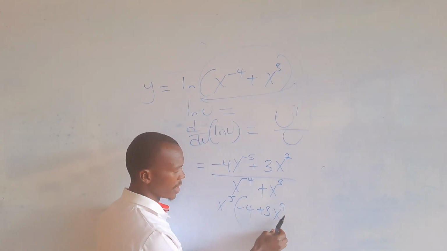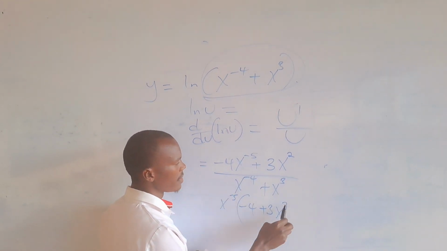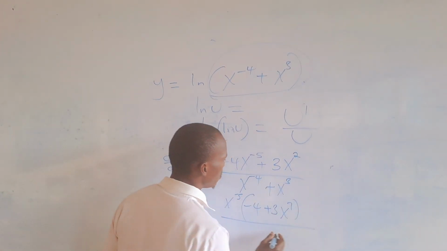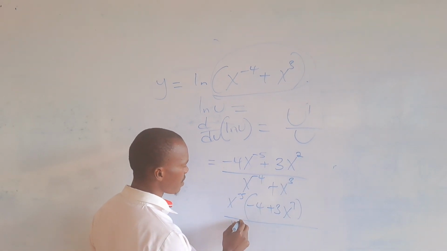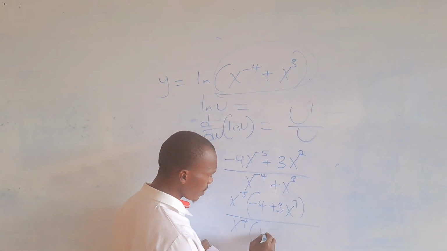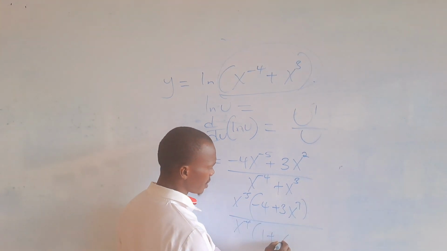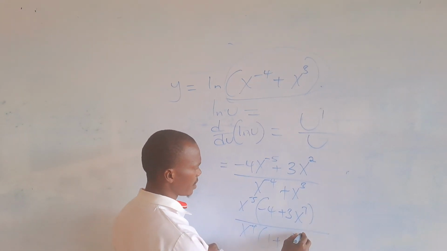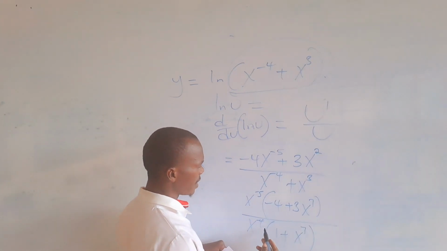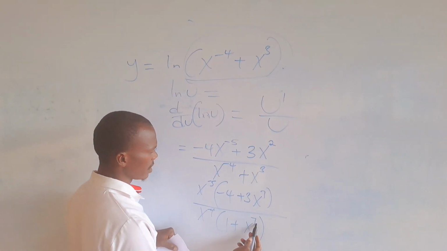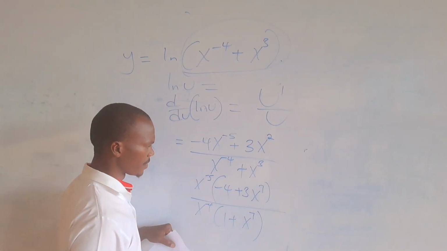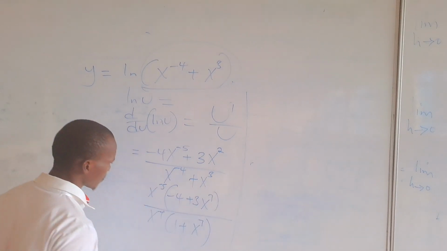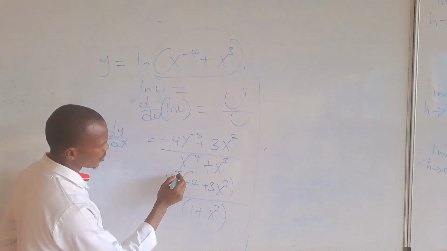Over, what is common here is also x raised to the power -4 into 1 plus x raised to the power 7. That way, because if we add this plus this, we'll be able to get 3. As simple as that.